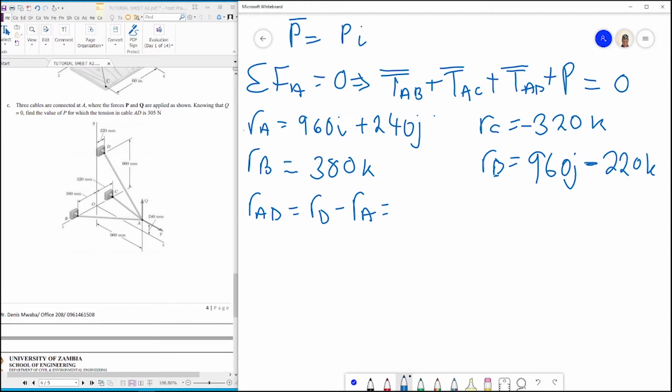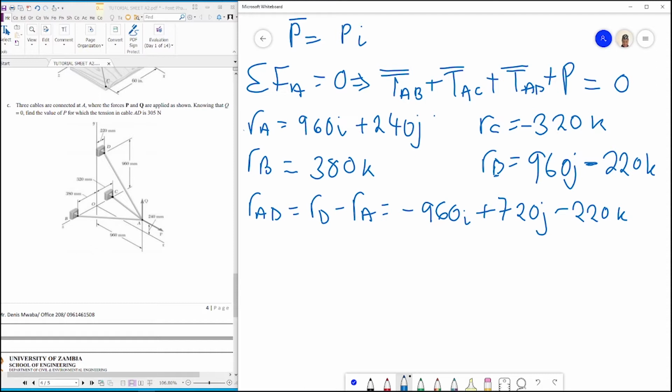This should give me minus 960i, and then I have 960 minus 240, so that will be plus 720j, and then I have the negative 220 and 0 there, so it will maintain minus 220k. See, we have it there.